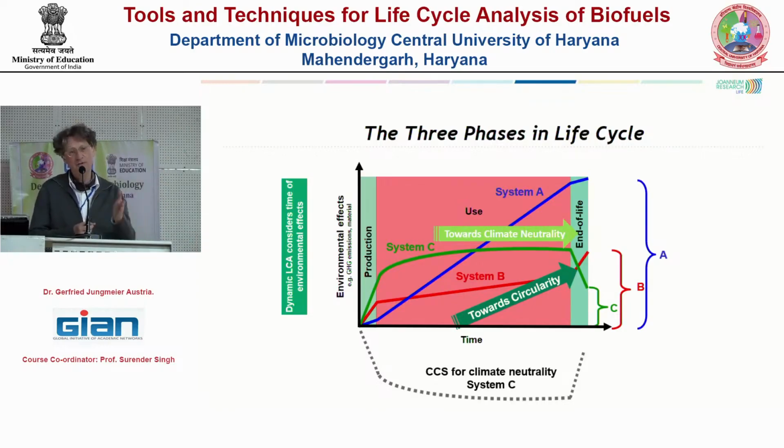This is carbon capture and storage, a technology which is tested in some areas, and it's one way also used in the oil industry to press back the CO2 to get out more oil or gas. But in that case, it's really to filter out the CO2 you emit with your system and store it underground forever. Of course, you need energy to do so, because you need to suck out the CO2.